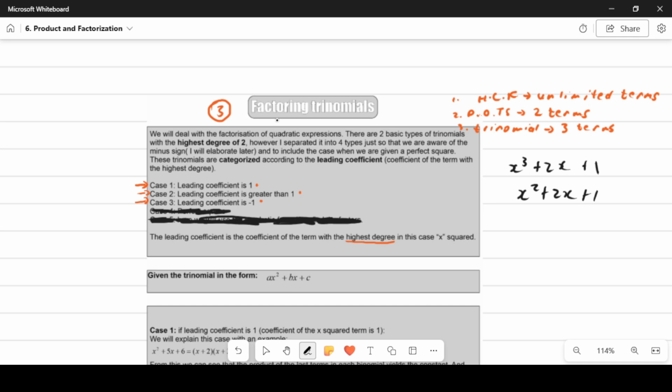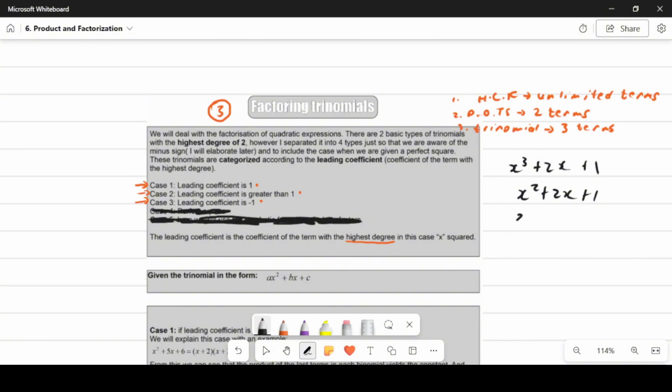When I explain this factorization, I categorize it according to the leading coefficient. So what does the leading coefficient mean? The leading coefficient is the coefficient of the term with the highest degree. So if you look at this example here, which is the examples that we will be working with, trinomials with the highest degree of 2, the leading coefficient is the coefficient in front of the variable that has the highest degree, right?